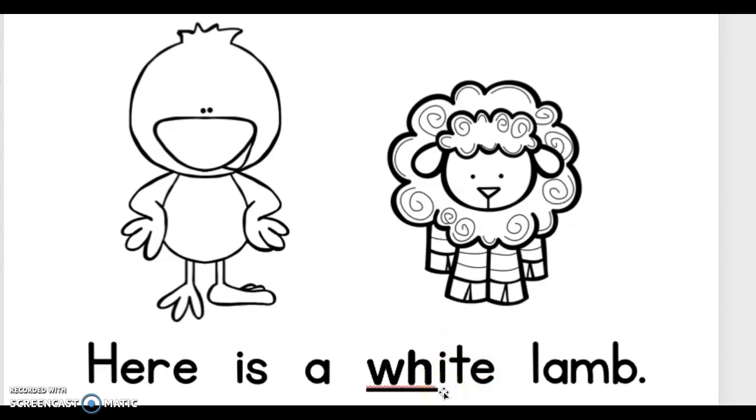So what would that vowel say? Good, I. So let's sound it out with the long vowel I, silent E. W-I-T... white. Great. Here is a white lamb. We see a lamb in the picture. Flip it to the next page.